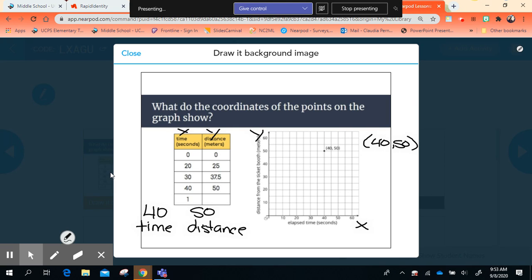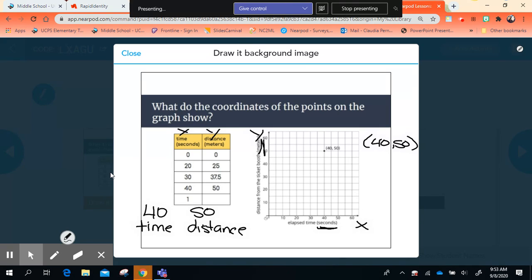Even if you're the worst at making up a story, it's as simple as saying, oh, it took, and I don't know what his name is, we're going to call him Daryl. It took Daryl 40 seconds, because it says seconds right here, to walk 50 meters to the ticket booth.